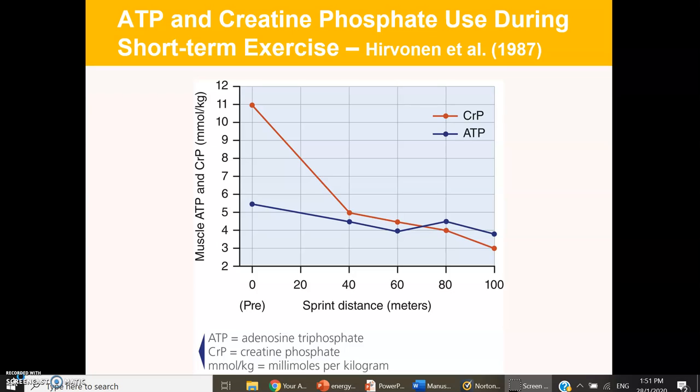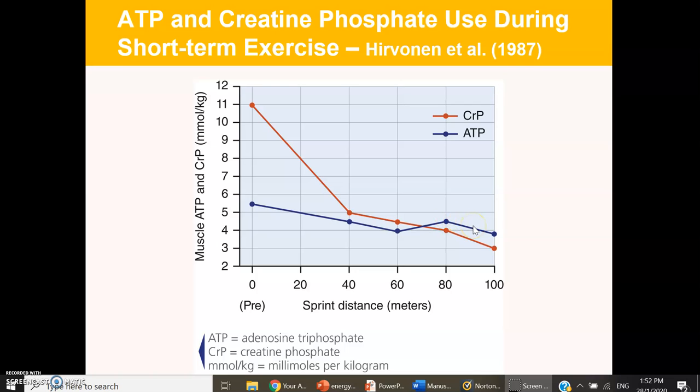As seen in this figure, as the sprinter ran as fast as they could for 40, 60, 80 and 100 meters, the concentration of ATP dropped approximately 20% in the first 40 meters and then essentially reached a plateau.